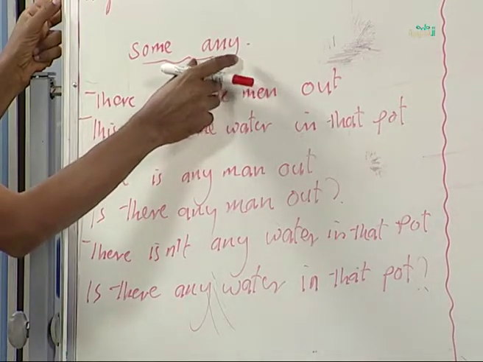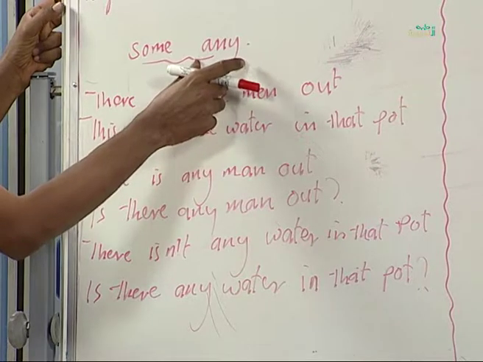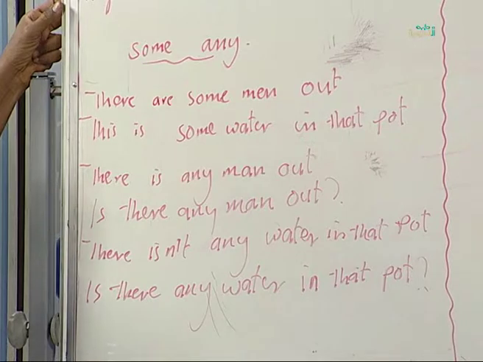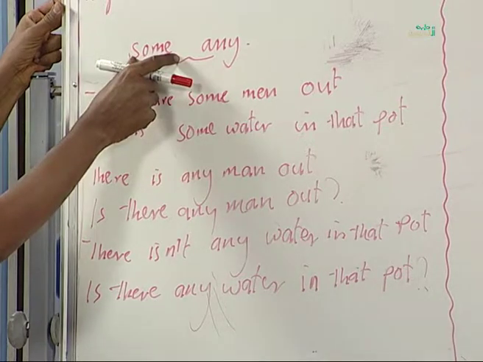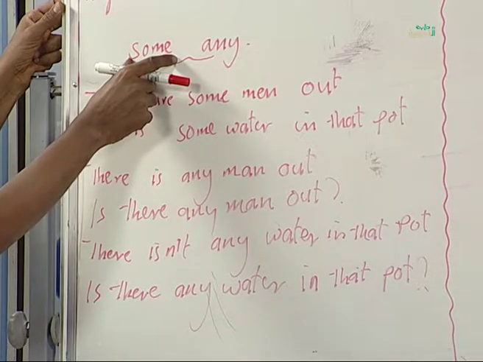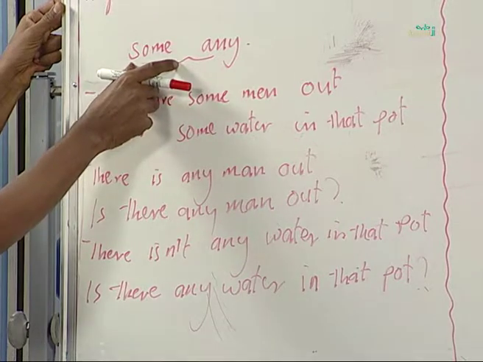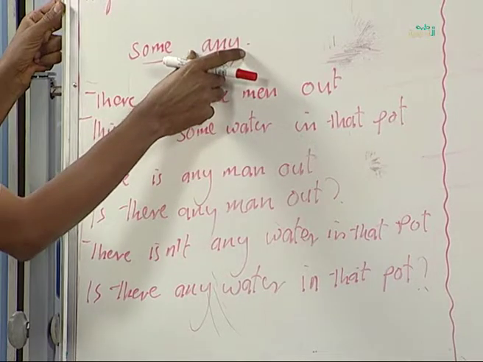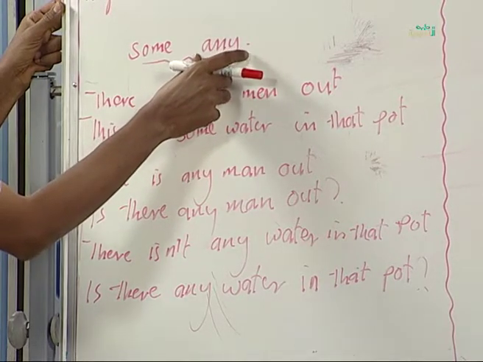Any is also used for countable nouns or uncountable nouns. They have the same use. The difference is that some is used for affirmative forms of sentences. For negative or interrogative forms, we have to use any.